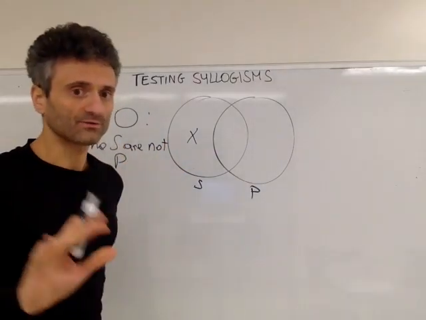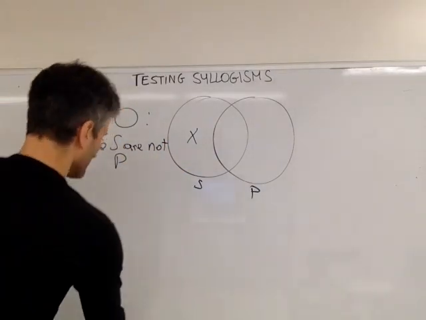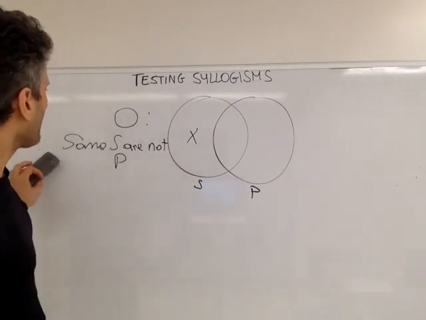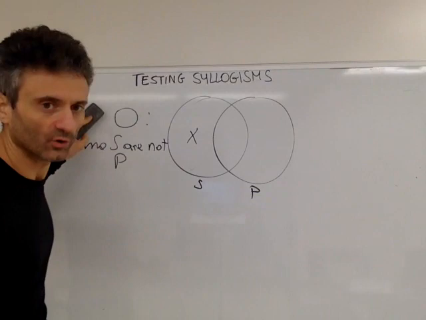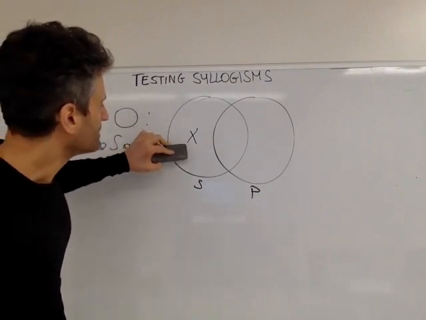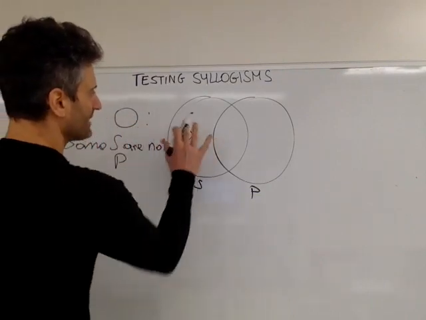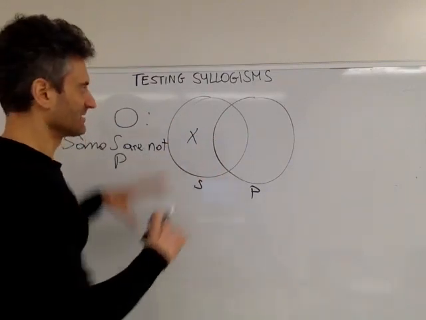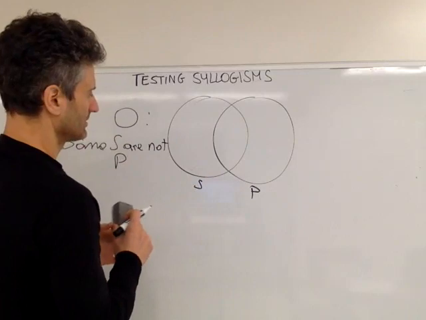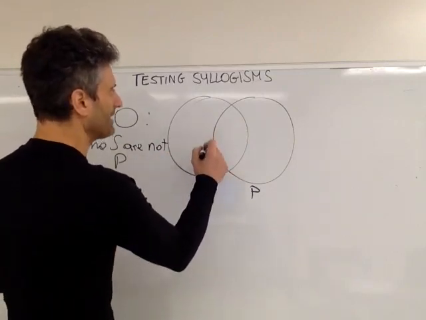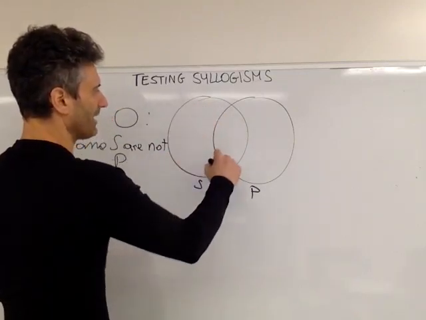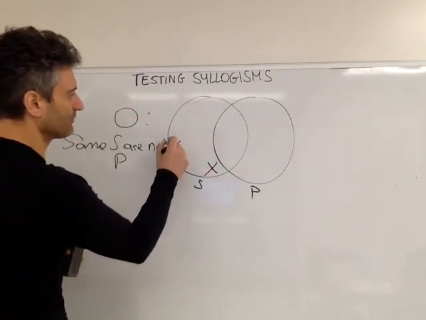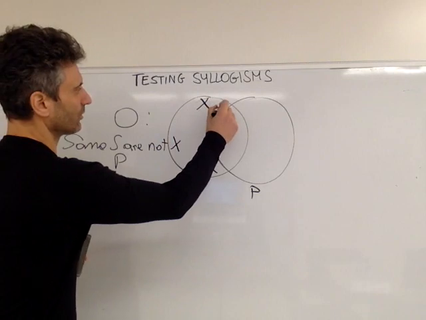Now, one important thing is the following. It doesn't really matter that to diagram an O form, I need an X right in the middle. As long as the X is inside area 1, okay, this is area 1, I can put an X over here, or over here, or over here.